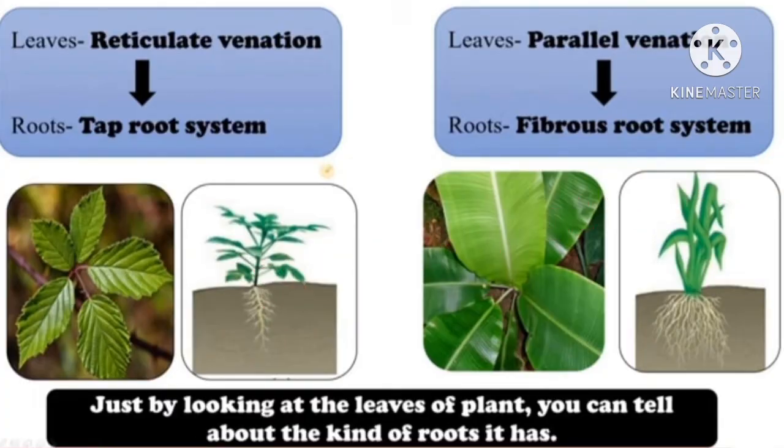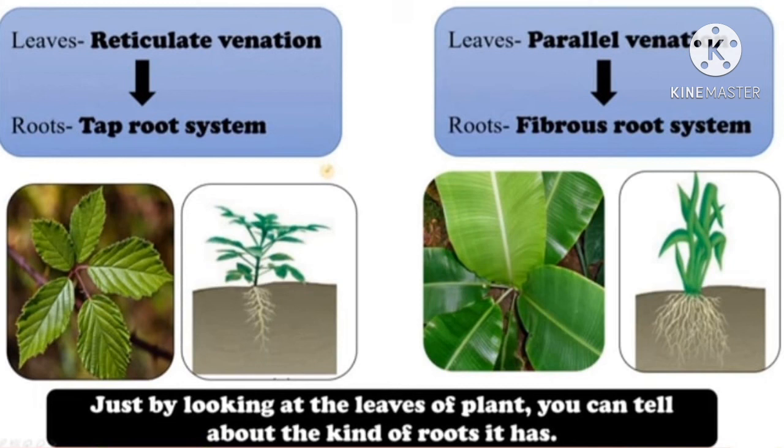Okay. Children, do you know this? To know what kind of root the plant has, it is not necessary to pull out the plant from the soil. Just by looking at the leaf of the plant, we can say the type of root it has. If the plant has reticulate venation in its leaves, then that plant will have a taproot system.